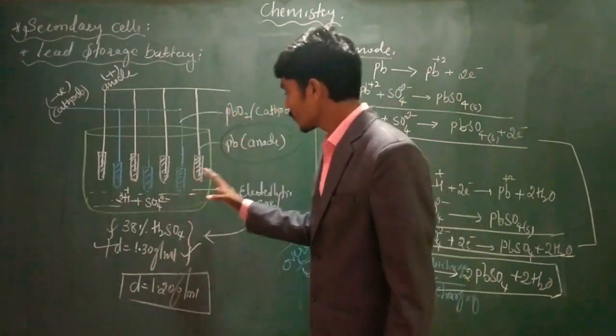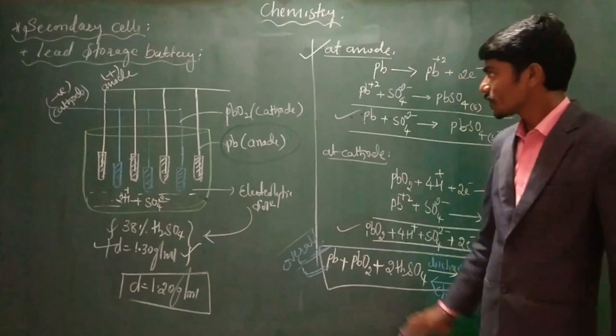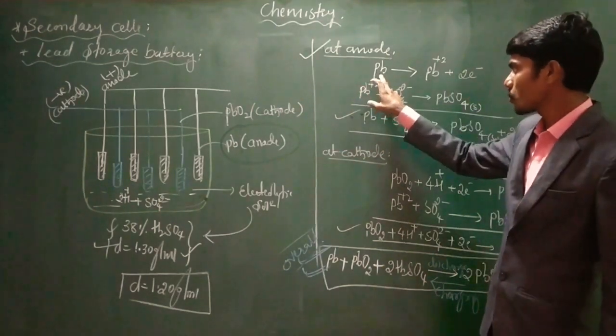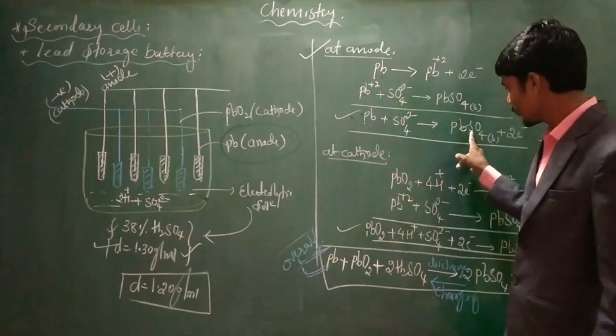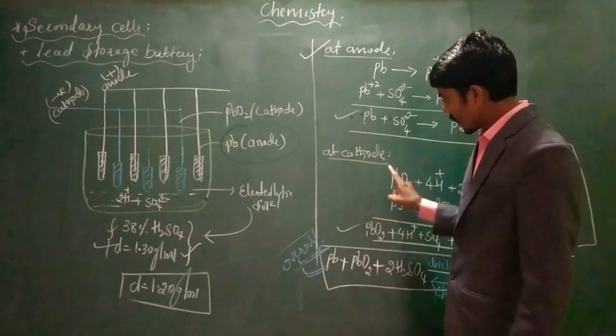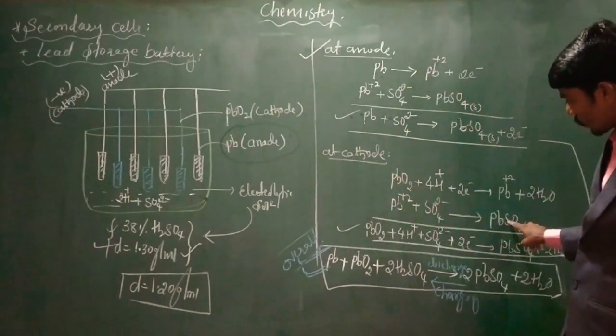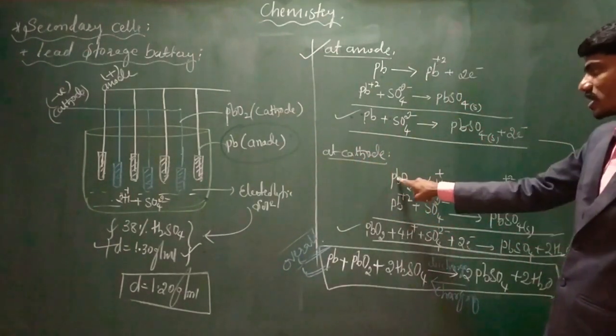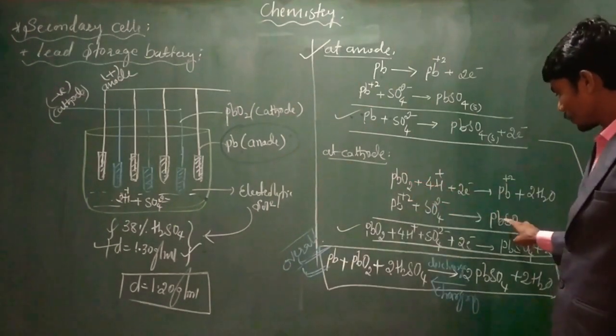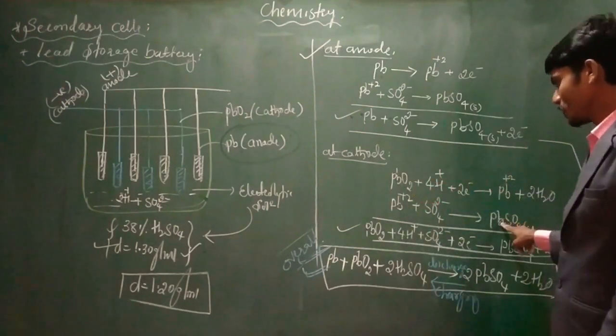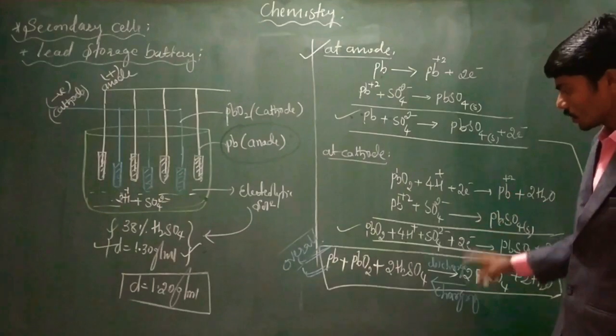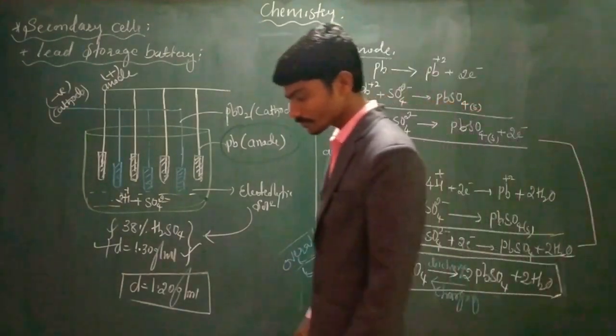And while using, these are the reactions that take place. At anode, lead undergoes oxidation to form lead sulfate. At cathode, lead oxide undergoes reduction to form lead sulfate. क्योंकि oxidation state +4 है, +4 it reduces to +2. Reduction हुआ, the overall reaction is this.